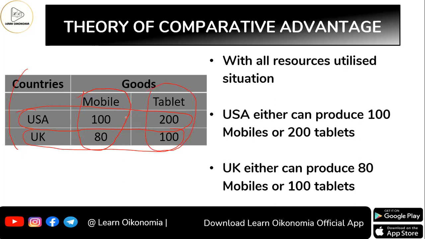Now we are moving on to how to deal with this. We could find that the first row is for USA, right? When this particular row is for USA, how can we explain things here?